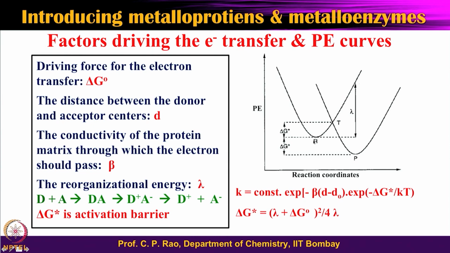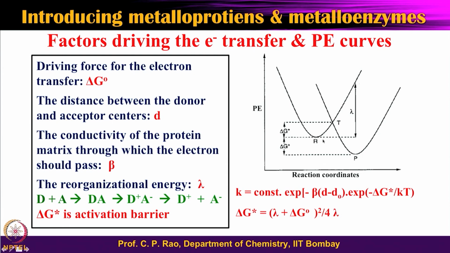Now, from the reactant, where it has to climb, there is a cross section between the potential energy curve of the reactant and the potential energy curve of the product; there is a crossing point. This crossing point tells you the ground state complex needs to be activated prior to the electron transfer reaction taking place.